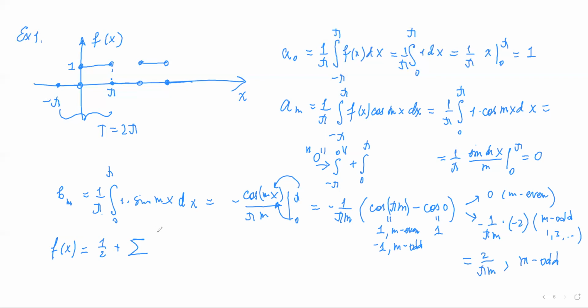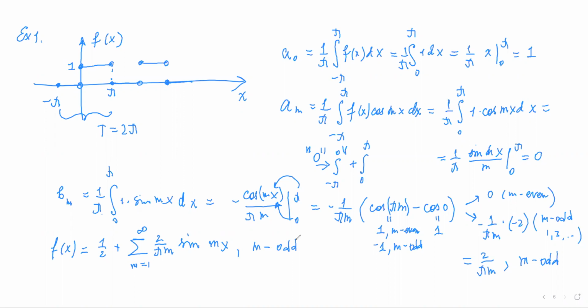So my term is equal to 2 over pi m sine of, sorry, not supposed to be pi here, it's supposed to be m x, m from 1 to infinity, and I'm going to write down m odd.